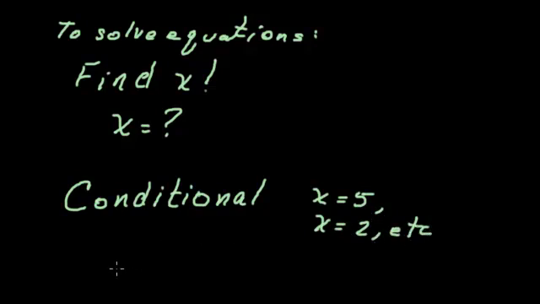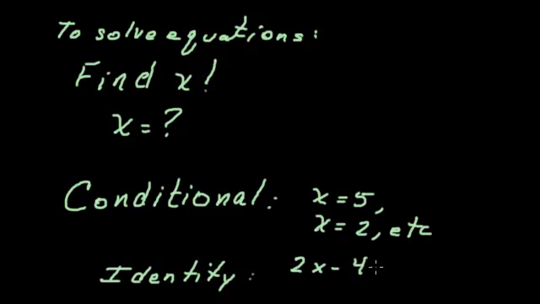An identity equation, if you try to solve it, you'll end up with actually a true statement. You'll have something that might look like, say, 2x minus 4, and let's say you're given this and they tell you that it equals 2 times x minus 2.